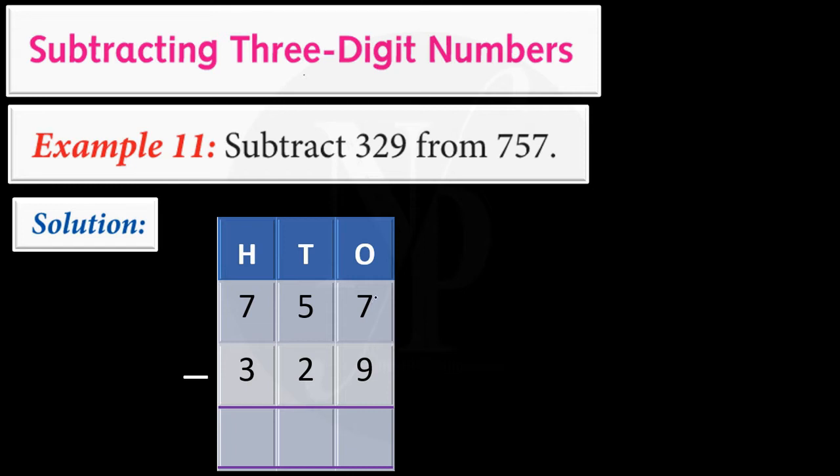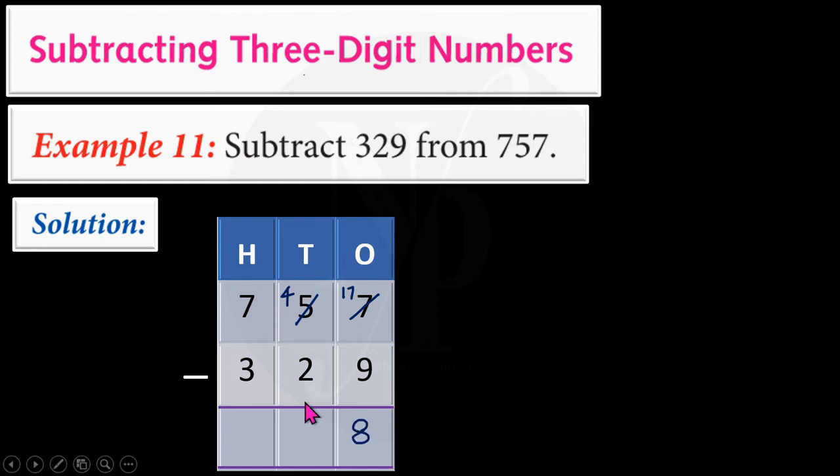So now this 7 ones become 17 ones and 5 tens will be now 4 tens. Now let us subtract 9 ones from 17 ones. When we subtract 9 ones from 17 ones, we get 8 ones. So we write 8 in ones column.